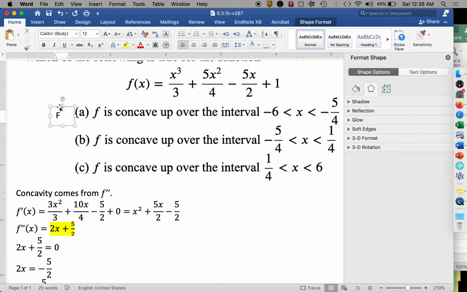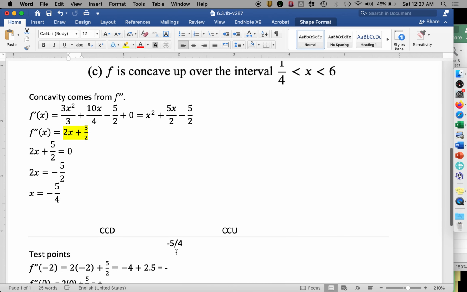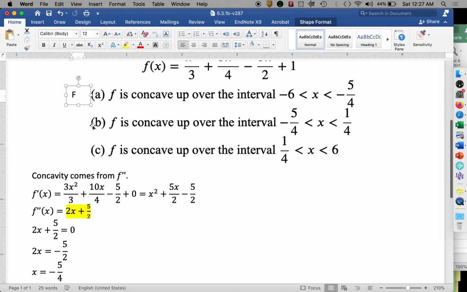Okay, and then I want to do statement B next. Concave up between negative 5/4 and 1/4. They said up. All right, here's negative 5/4. 1/4 would be over here on the right of negative 5/4. We got concave up, so yes, that is true.